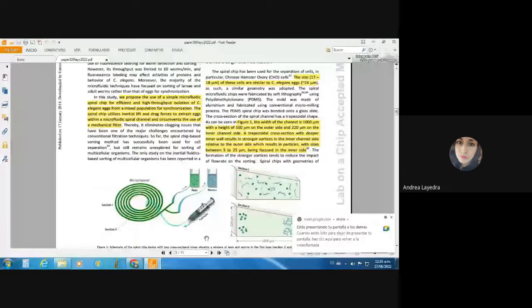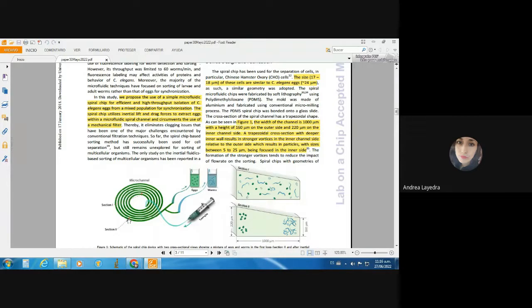So they use a microfluidic device with this spiral shape for sorting mixed egg and worm populations. Each larval stage shows varying cuticle positions and different forms of plasticity in the organism's nervous system.